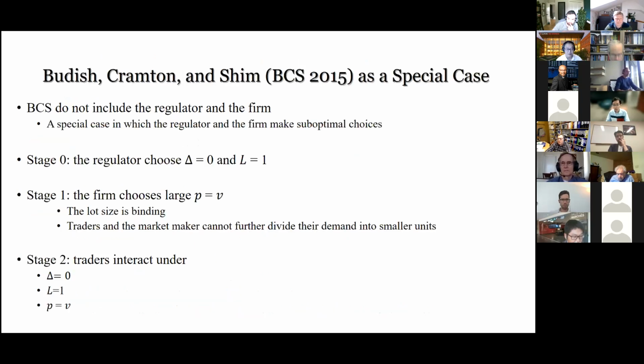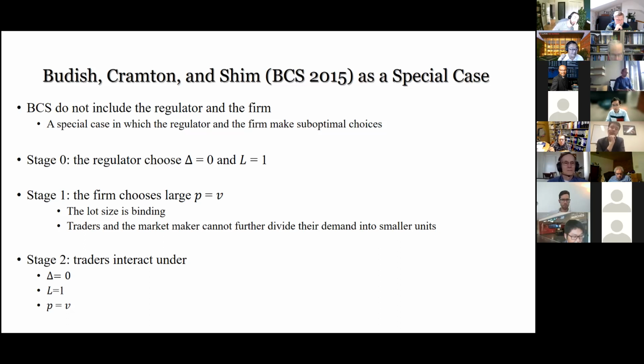Okay, so then let's go back to the Budish-Cramton-Shim (BCS) model. What's the difference? In BCS, there is no regulator stage like in our model. So we can consider it a special case where the regulator and the firm make suboptimal choices. For example, at stage 0, the regulator chooses continuous price and a discrete lot of 1 share.